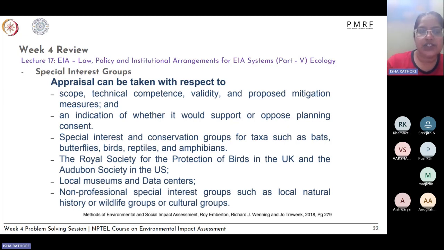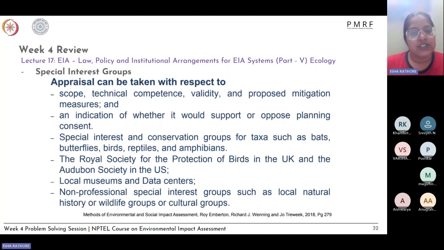So at different stages, you also have participation measures, like where the stakeholders and community gives you feedback. So during those times, you can have these special interest groups and their observations and their remarks addressed in that participation period. So you also need to have an indication of whether they are going to support or oppose the planning activities which are going to happen.